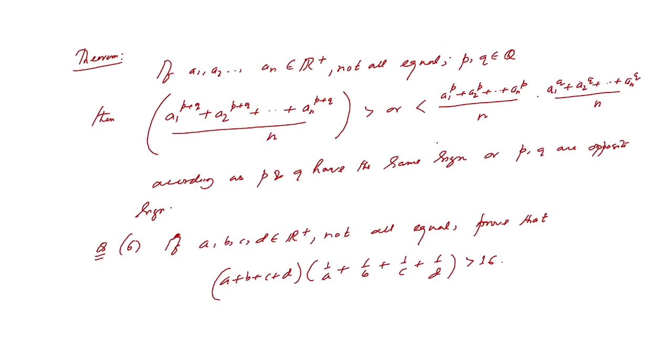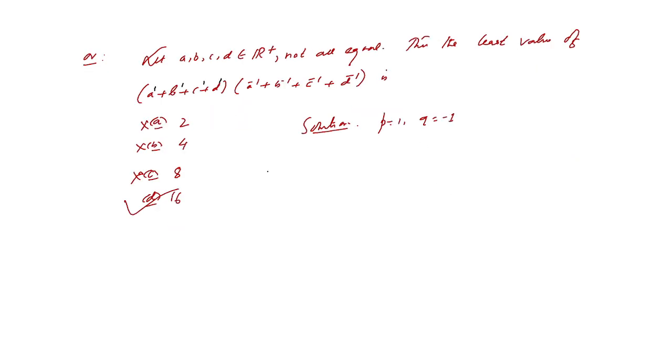If p and q are opposite sign, then the less than inequality will hold, because in the inequality it is given: greater than if they have the same sign, and less than if they have the opposite sign. So they have the opposite sign.